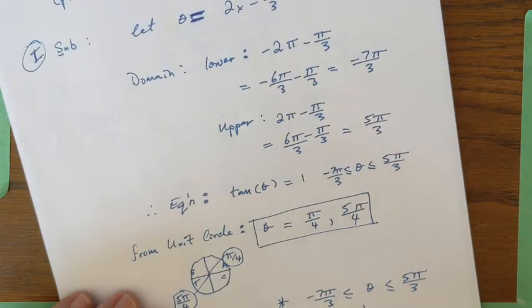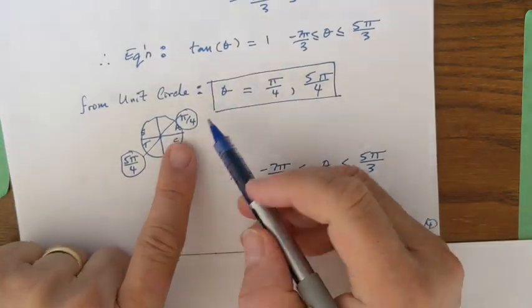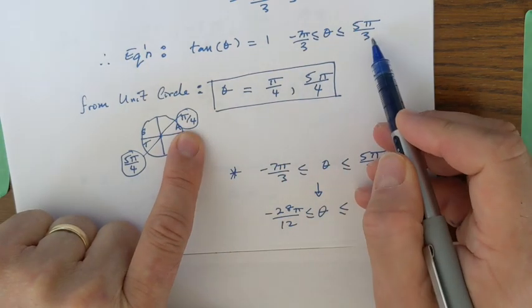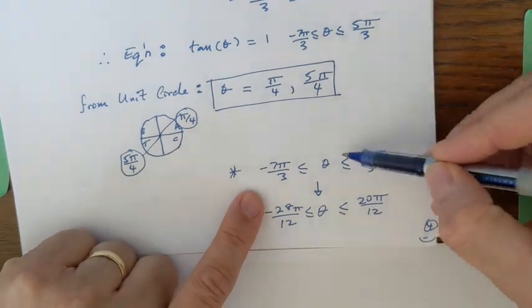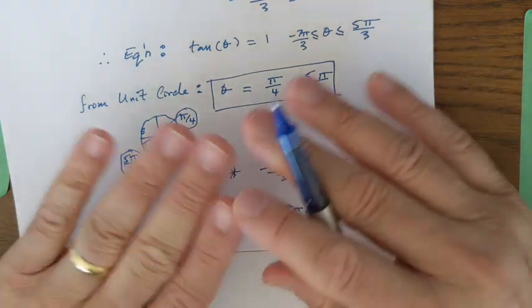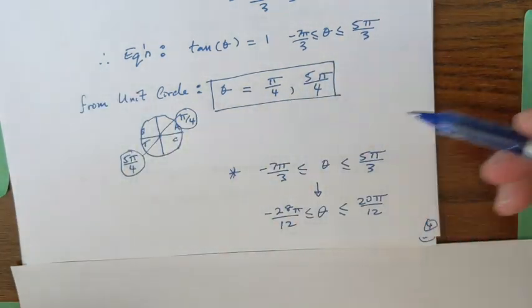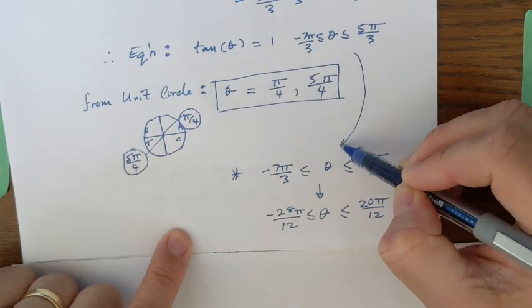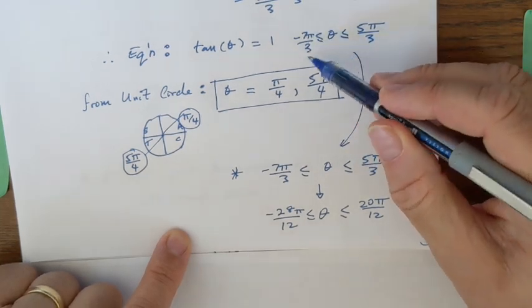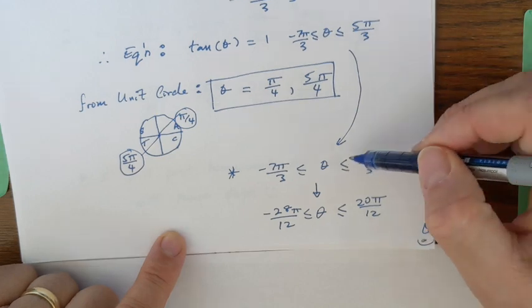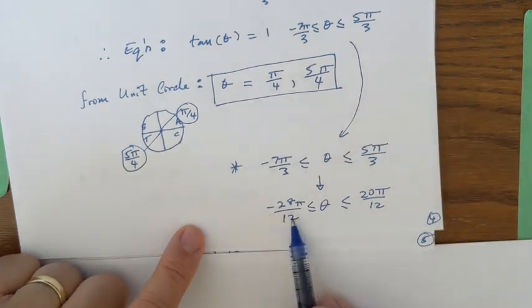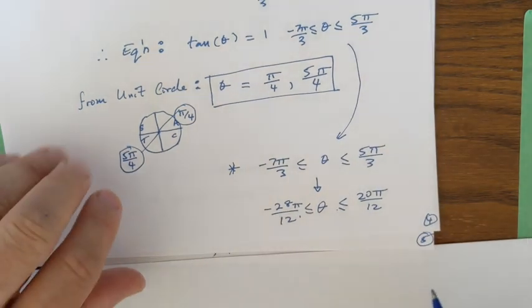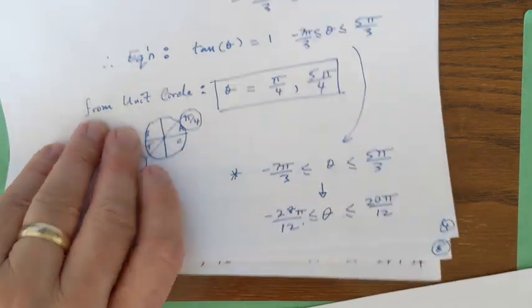Now, because I have quarters here and I have thirds here, I'm going to convert this to twelfths, right? I want to have a common denominator, so I'm speaking the same language throughout the whole thing. So when I said here that theta is between negative 7 pi over 3 and 5 pi over 3, I'm saying, well, that's the same as negative 28 pi over 12 and 20 pi over 12.